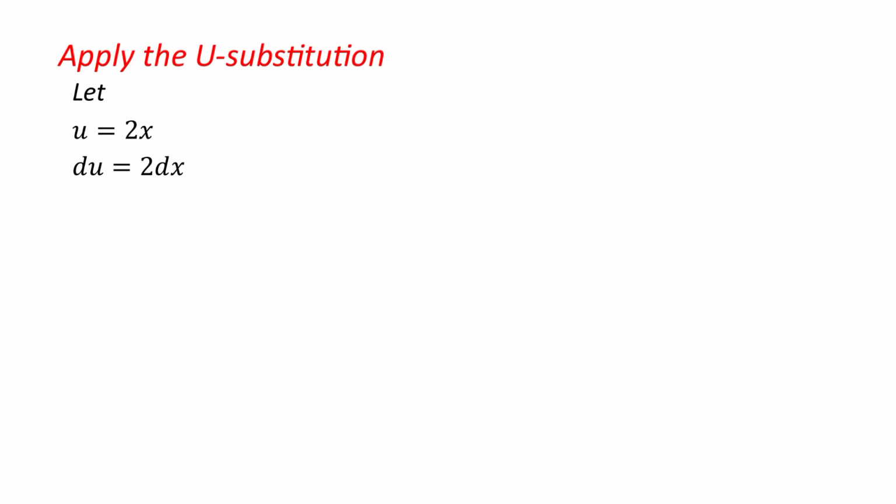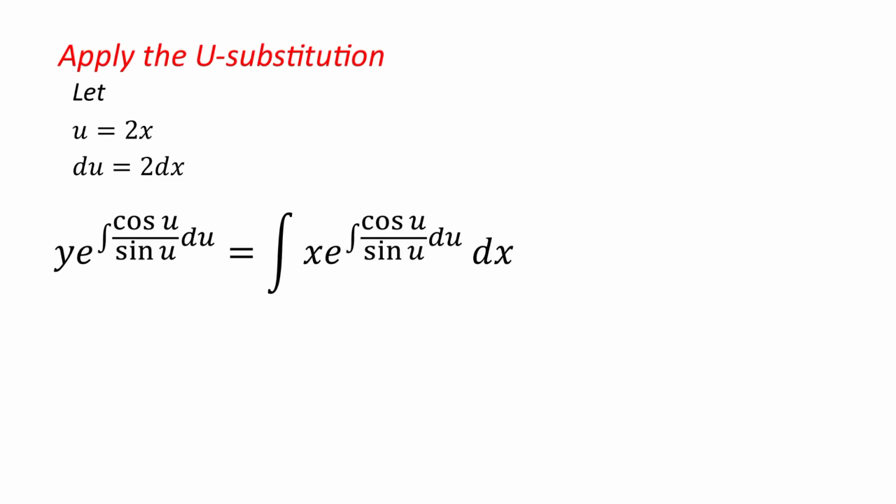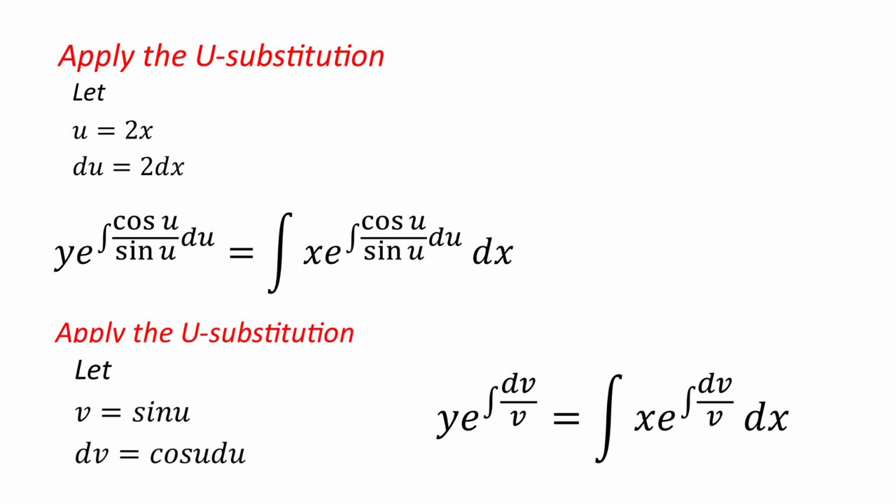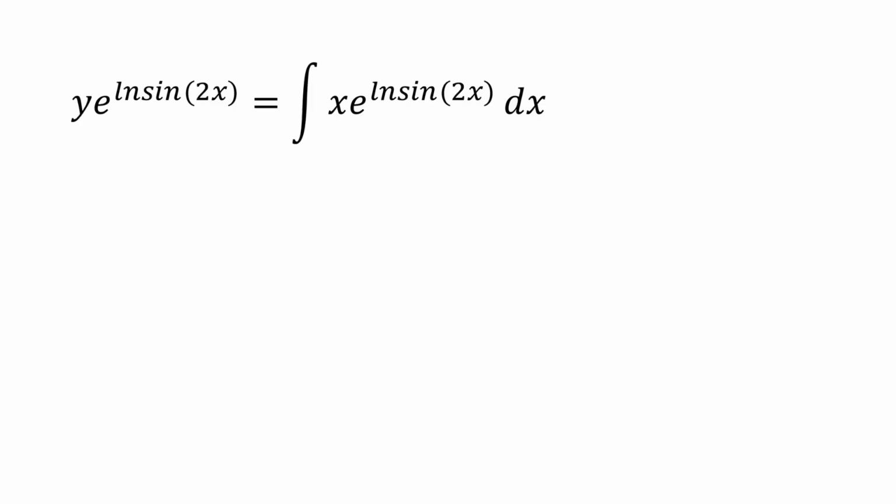Here we are going to apply the u substitution. After applying the u substitution, we have y e raised to the integral of dv over v is equal to the integral of x e raised to the integral of dv over v dx. Take note that the integral of dv over v is equal to ln, so ln sine u, where u is 2x.